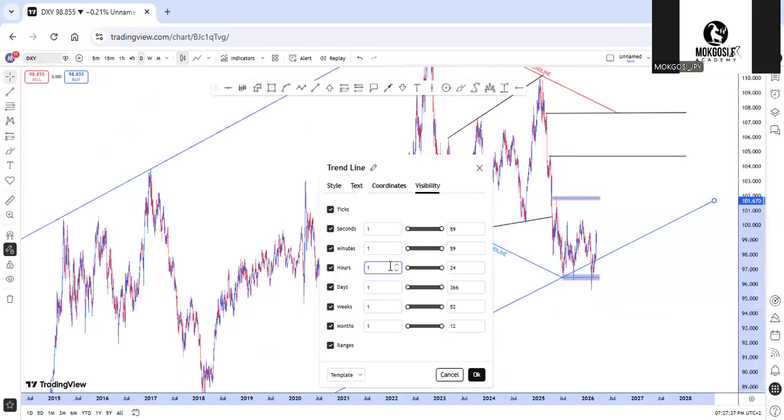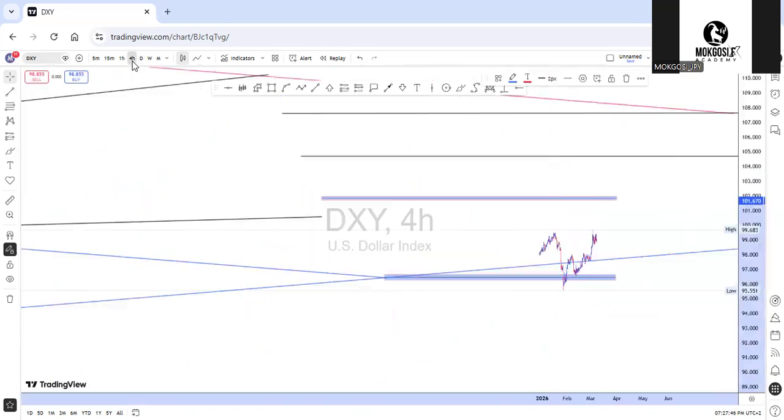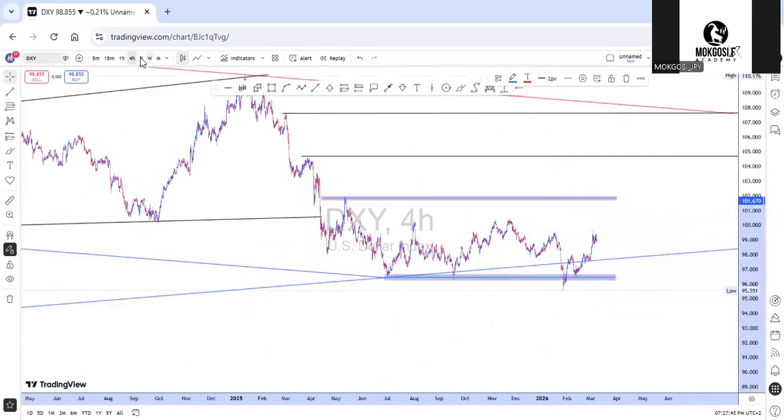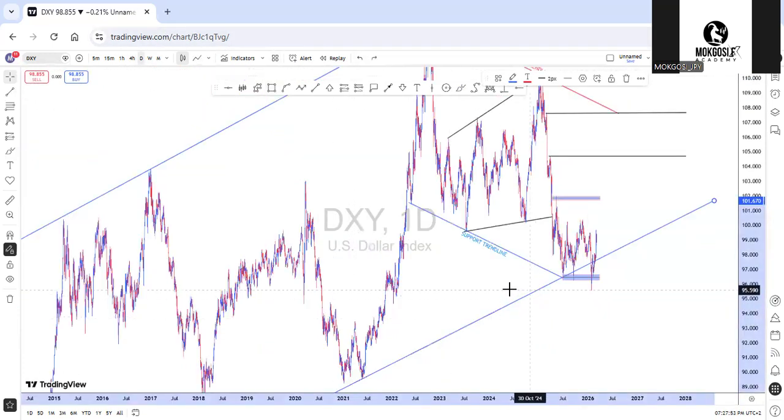Okay, let's see. Maybe if I can do this. It's not working. Let's see, maybe it's going to work. Let's move. It doesn't go through. Let's just remove it.